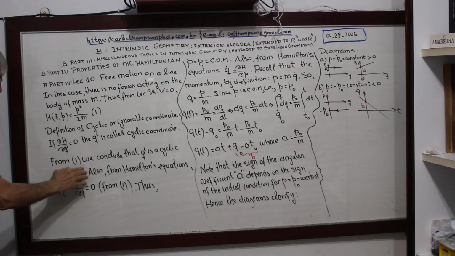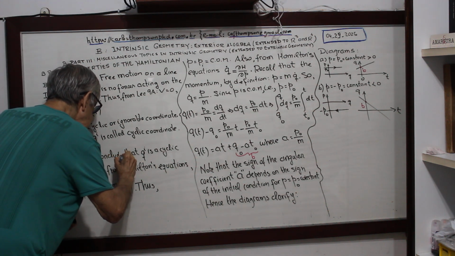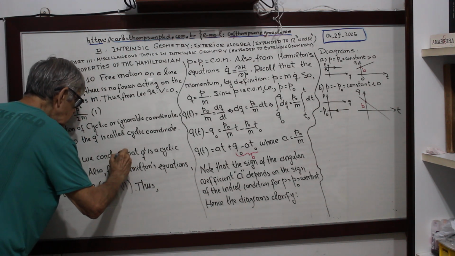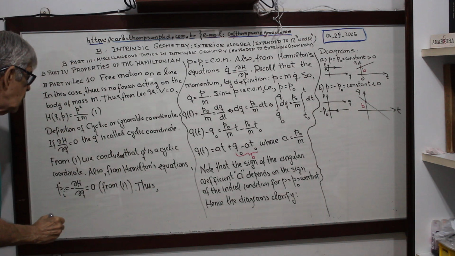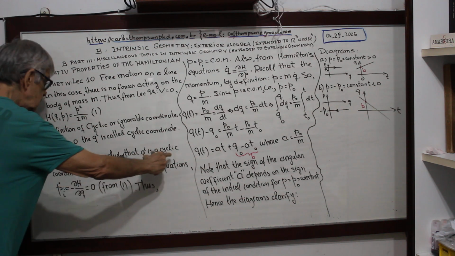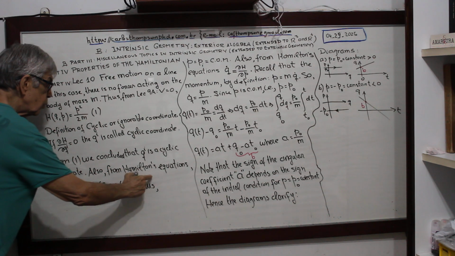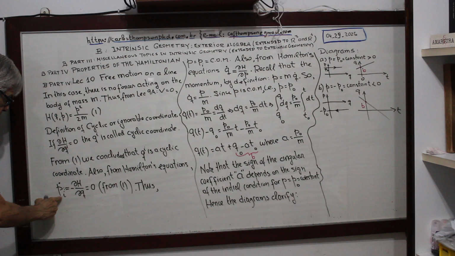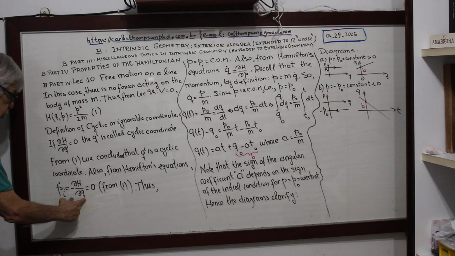So from 1 we concluded that q_i is a cyclic coordinate in this case. Also, for Hamilton's equation, we can relate p dot with the minus partial derivative of H with respect to q.